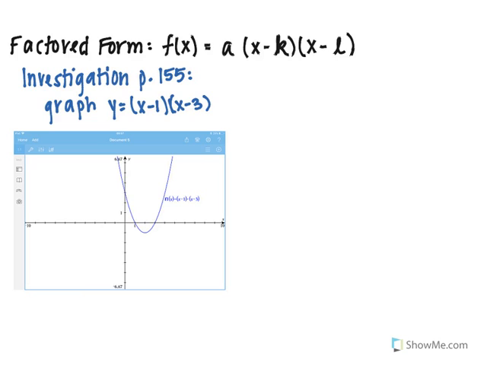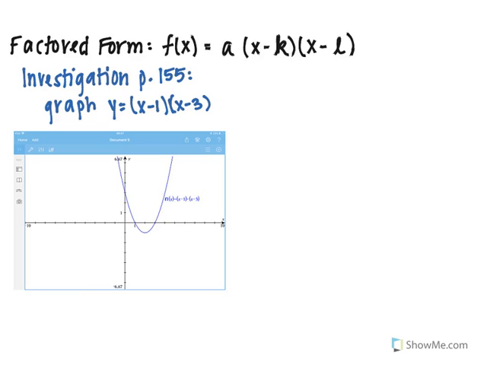The factored form, or factorized form, of a quadratic function is a times quantity x minus k times x minus l. And you might see k and l as different letters, but it's x minus some number times x minus some number.